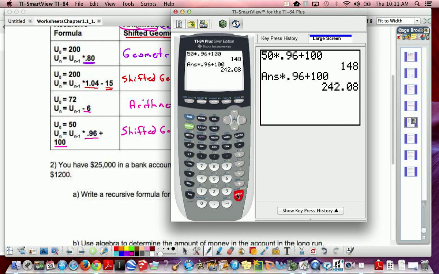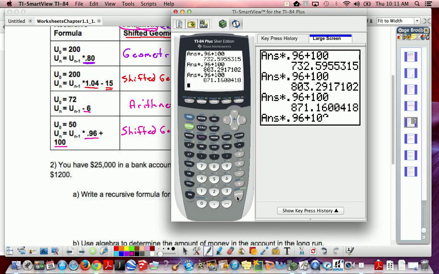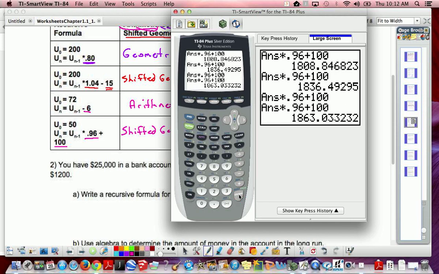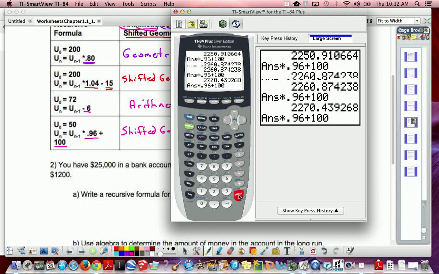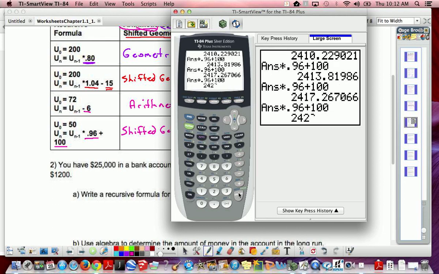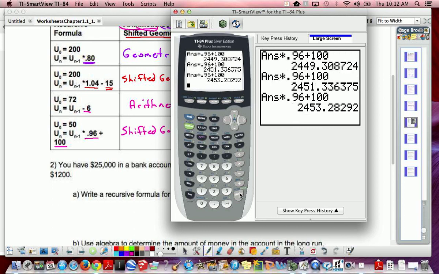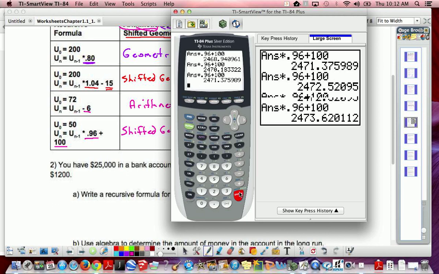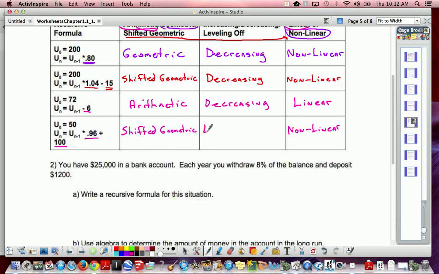If I hit enter here, and I keep on hitting enter, what you start to notice is, yes, it is increasing, but it should start leveling off eventually here. Notice how the amounts are getting smaller and smaller. So sometimes it takes a lot of time and a lot of enters to see, but you can see it's getting smaller and smaller, and it will eventually level off.